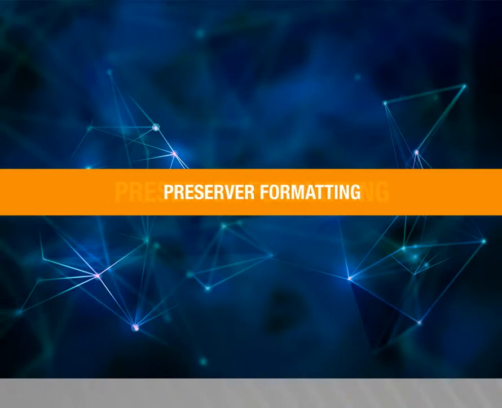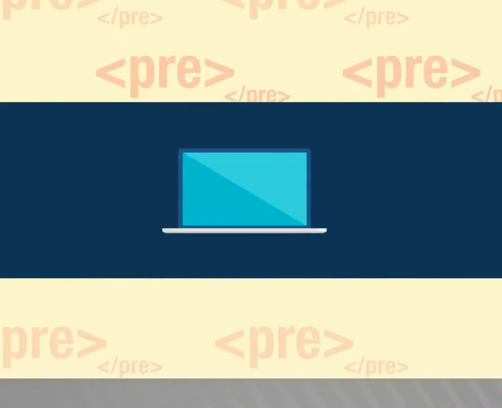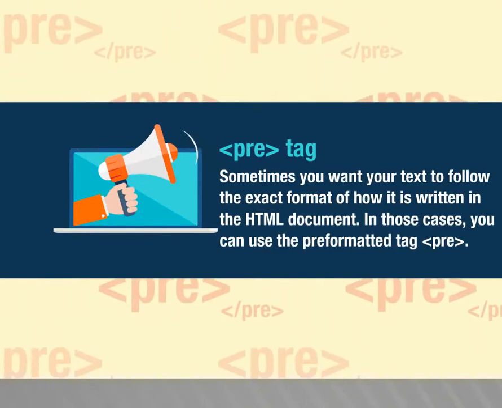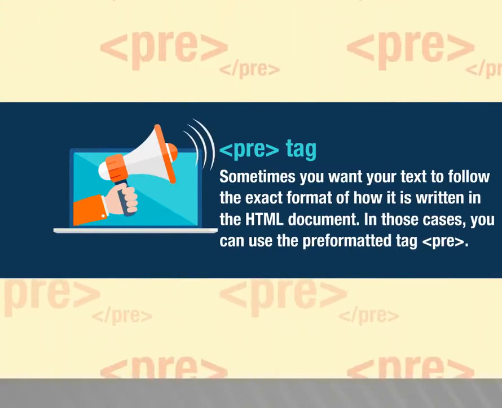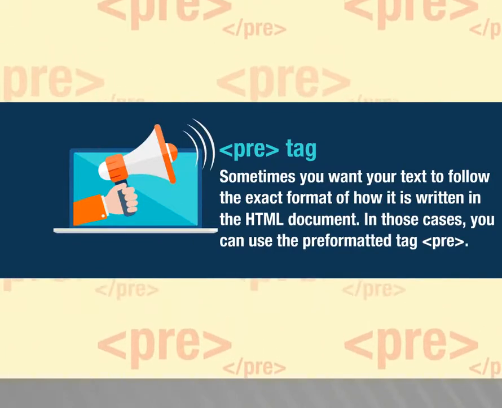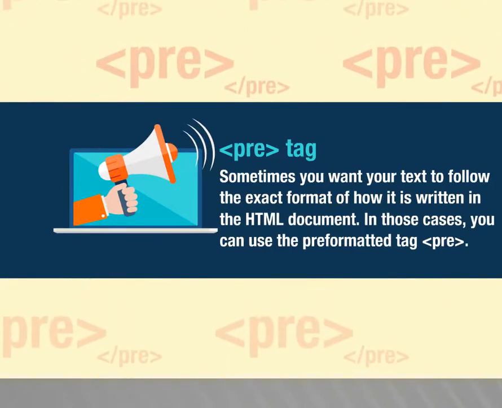Preserve formatting. In this video, we are going to see about preserve formatting. Sometimes you want your text to follow the exact format of how it is written in the HTML document. In those cases, you can use the pre-formatted tag PRE.